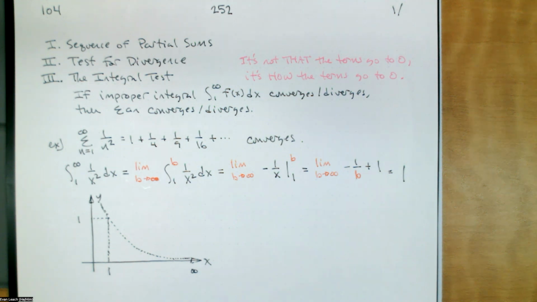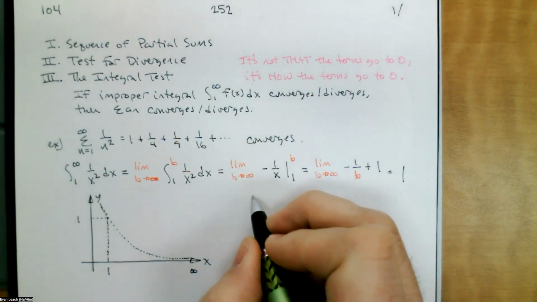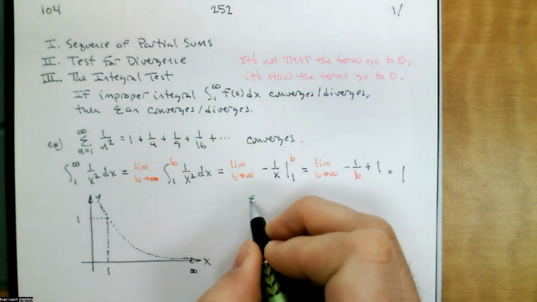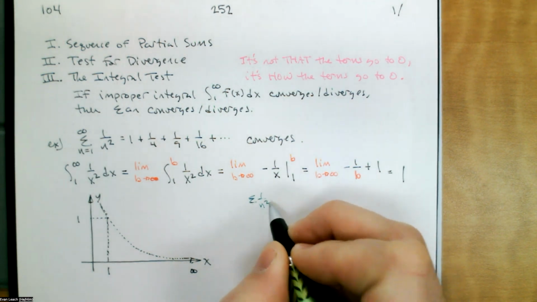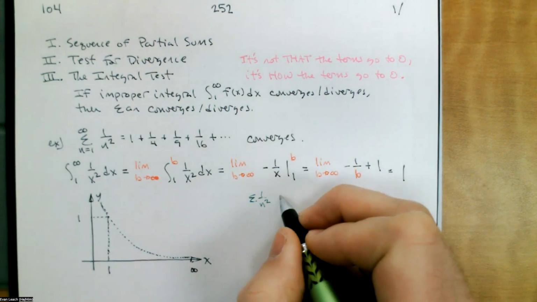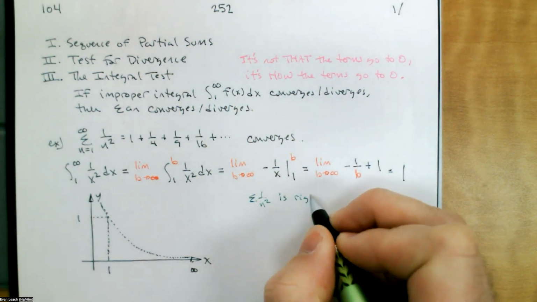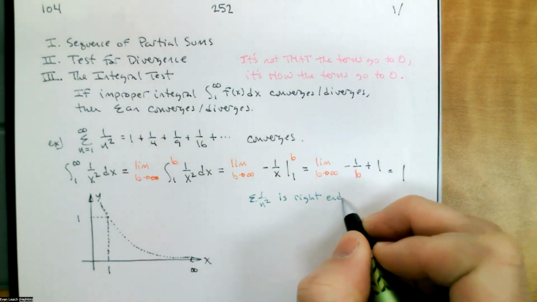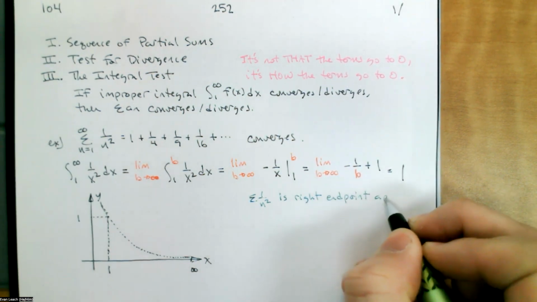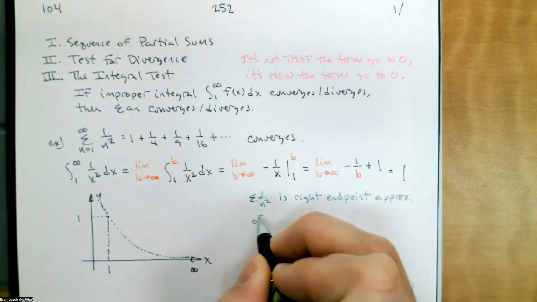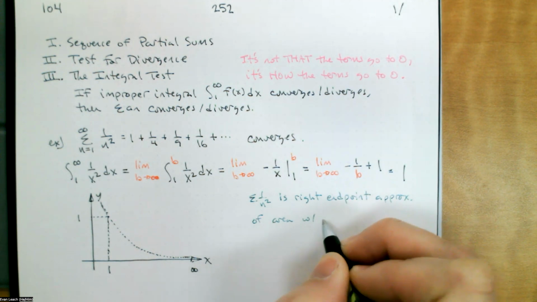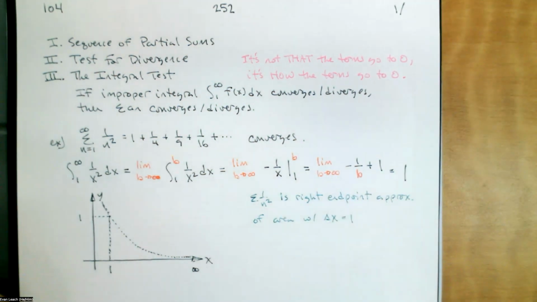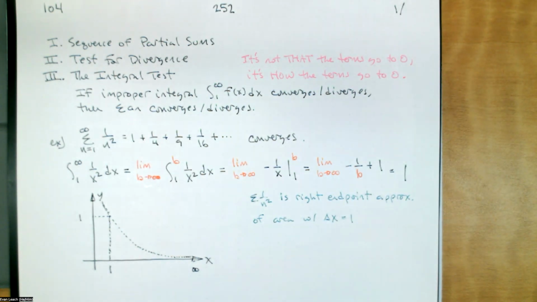Actually, we're off by a little bit. This series is the right endpoint approximation with a delta x of 1.